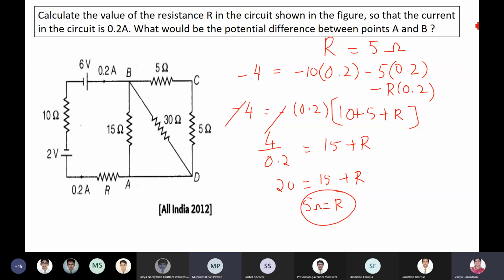The current flowing through it is 0.2 ampere. So then what will be the potential difference? Boys, don't take this as 5 ohm because you have an equivalent resistance, right?